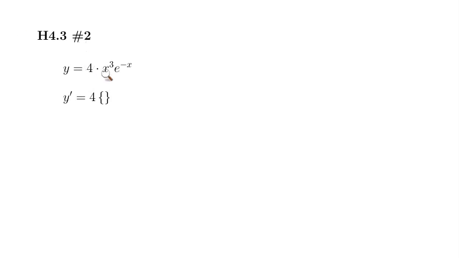All right, so x cubed is the first guy, and e to the negative x is the second guy. Using the product rule, the derivative of the first guy is 3x squared, times the second guy, e to the negative x.